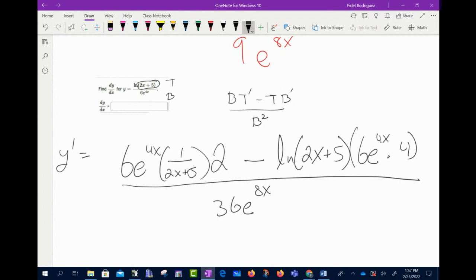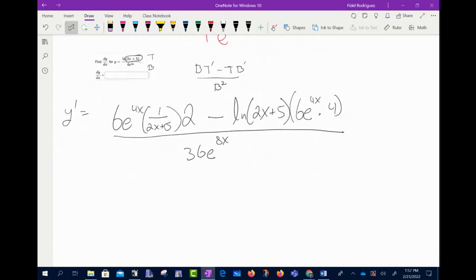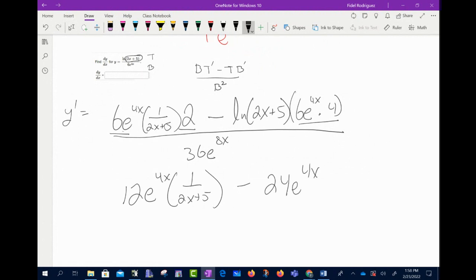E to the 8x, right? Okay, so let's take a look here, if there's anything we can do. If I put these two together, y'all agree that's a 12 e to the 4x and then a 1 over 2x plus 5 minus, isn't this one here going to give me a 24 e to the 4x and a natural log of 2x plus 5?